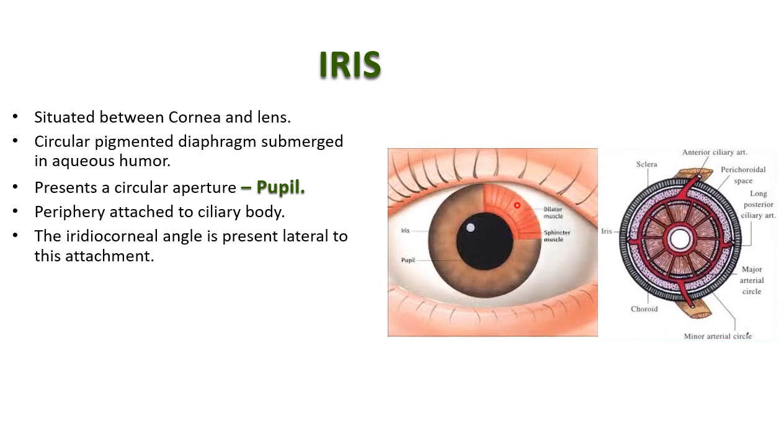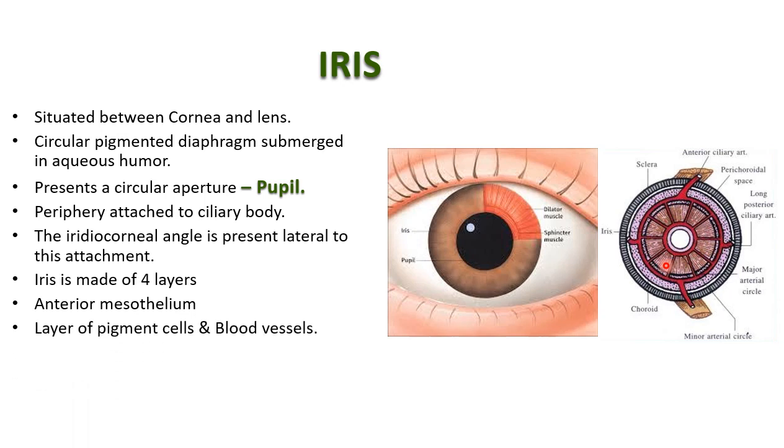So what are the layers of the iris? The anterior surface is not covered by any distinct endothelium, but mainly consists of mesothelium. So you have an anterior mesothelium, and then you have the stroma of the iris, mainly made up of collagen fibers, tissue spaces, fibroblasts, a lot of melanocytes, vessels and nerves.